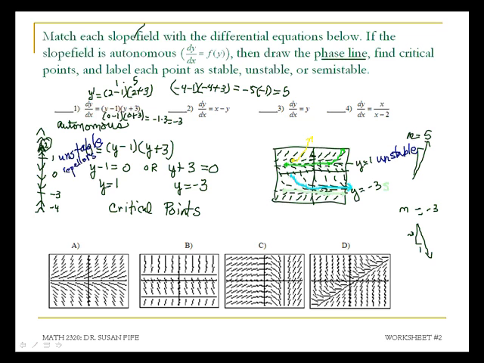And -3, this is called a stable critical value, and it's also called an attractor. It attracts from both above and below. So at -3, this is stable, or also called attractor.